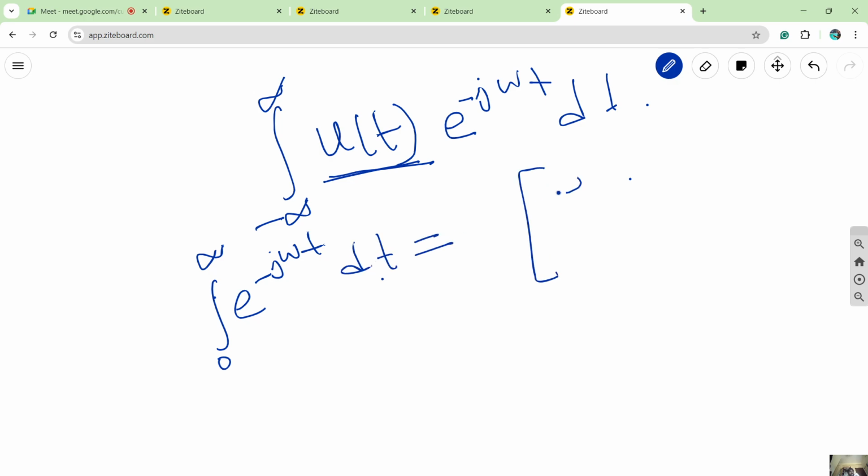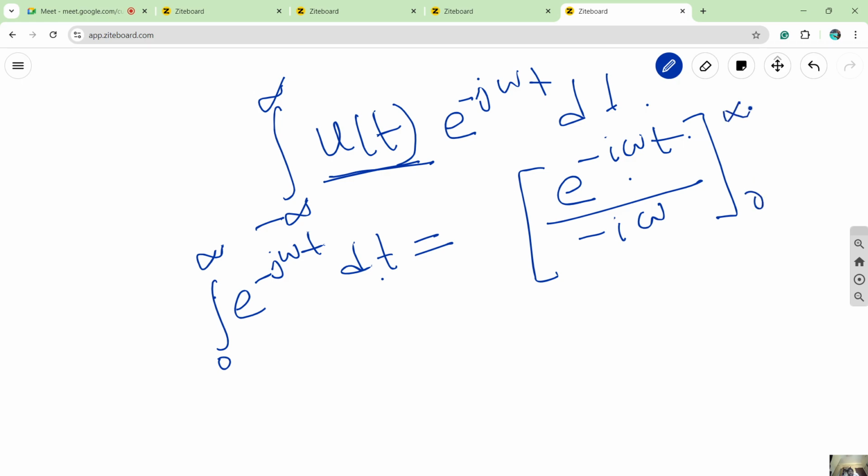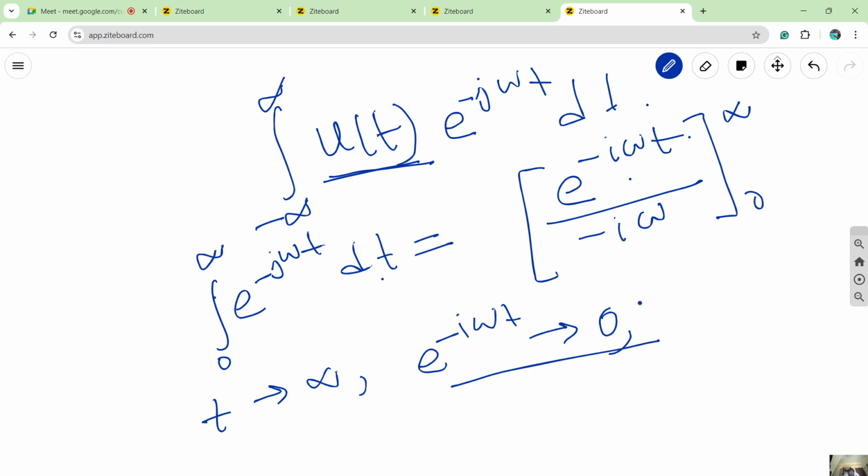It becomes e to the power minus j omega t by minus j omega, evaluated from 0 to infinity. As t becomes infinity, this e to the power minus j omega t tends to 0, only under the condition that omega not equal to 0.